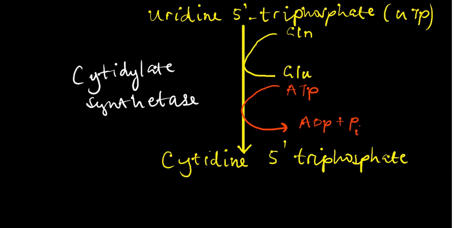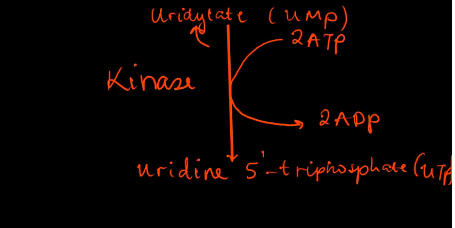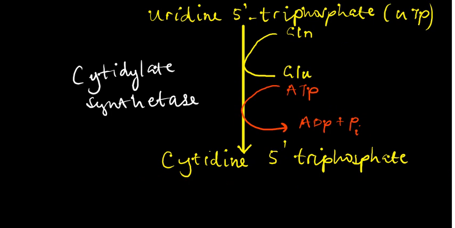So that uridine 5-triphosphate, which was formed in the previous reaction, undergoes another reaction where glutamine is involved, as well as ATP, and the enzyme that is used is cytidylate synthetase.